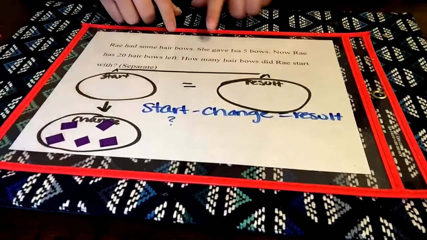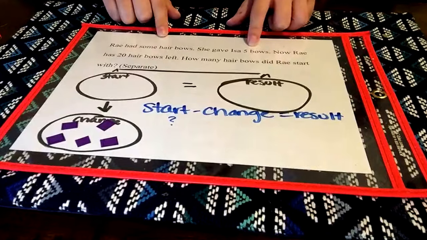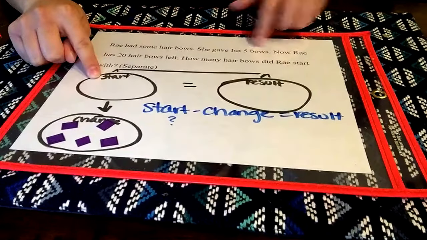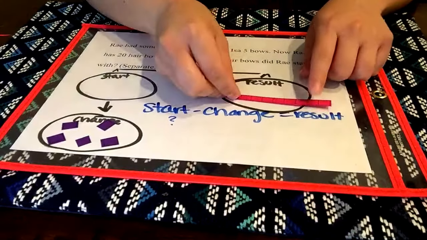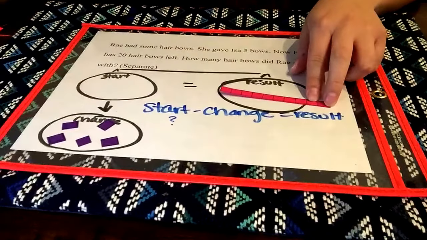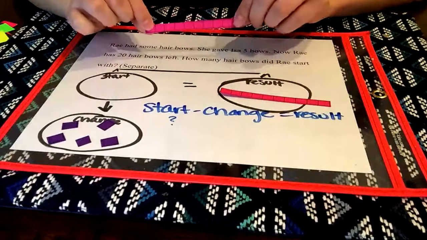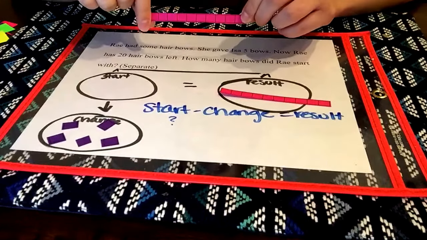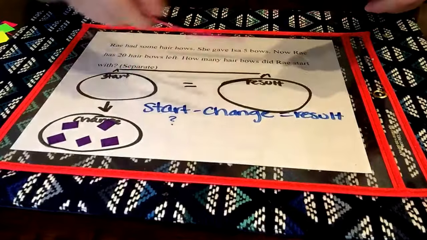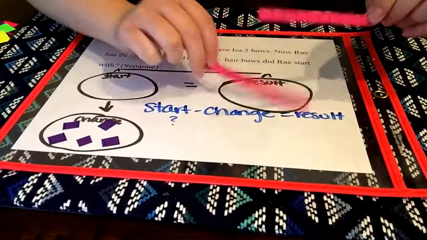And this represents the 5 bows that were given away. And so again, we don't know the start, but they did give us how much she had left over. And she had 20 hair bows left over. Now I'm using a base 10 rod because there are 10 units in a rod. And we do know 20 was left over. So 10 plus 10 is 20.